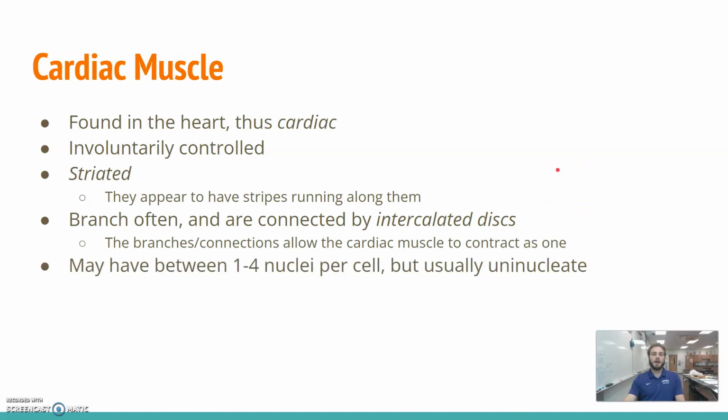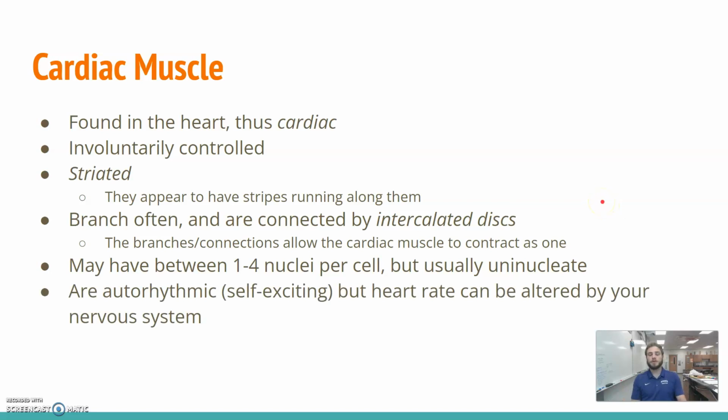Cardiac muscle tissue may have between 1 and 4 nuclei, but most commonly it's going to be 1 or 2, close enough that we're going to call it uninucleate.